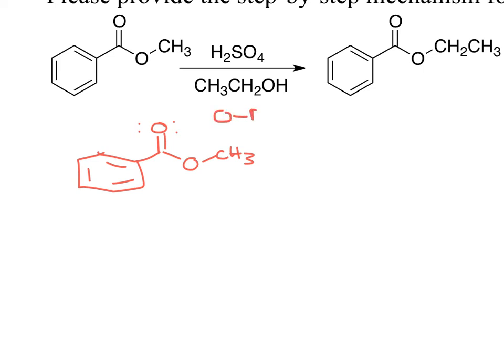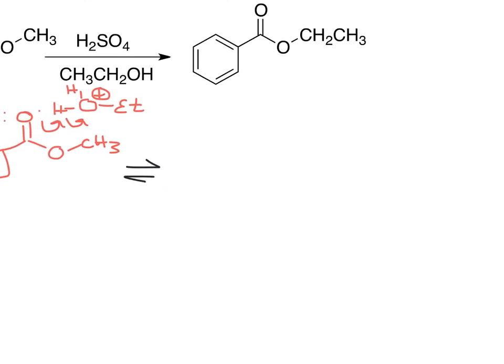I'm going to abbreviate this as ethyl. And what happens is when we add in acid, we protonate the solvent, because ethanol is like water, so it'll be protonated, and our oxygen of our carbonyl will grab a proton from our protonated solvent, and that yields the following.